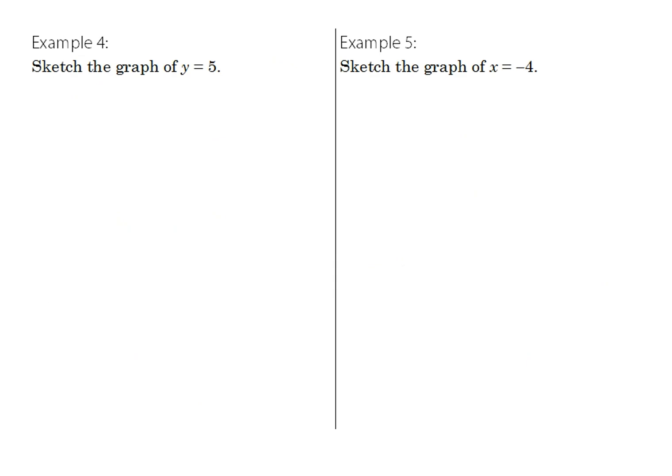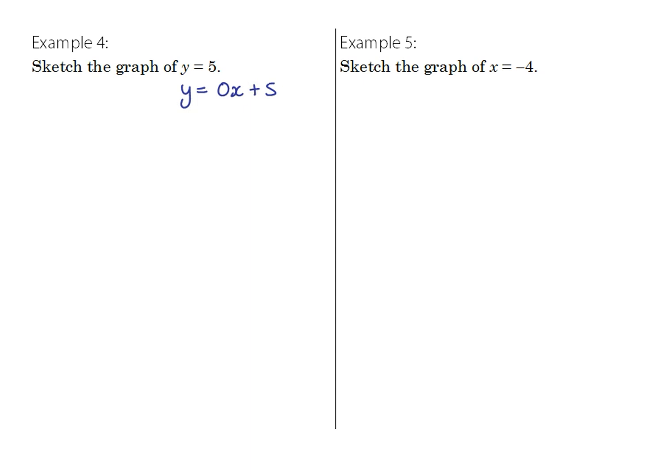Another type of equation that might only have one intercept are equations of the form y equals a number or x equals a number. We need to think about what this means. So thinking about y equals 5, again, if we think about this as being in gradient intercept form, we could think about it as being the same as 0x plus 5. So it's a line with 0 gradient and a y-intercept at 5.